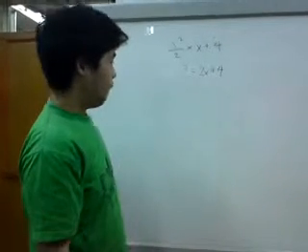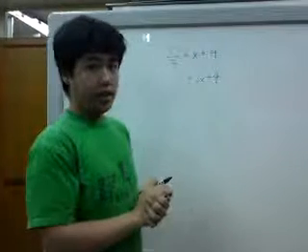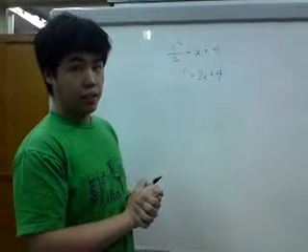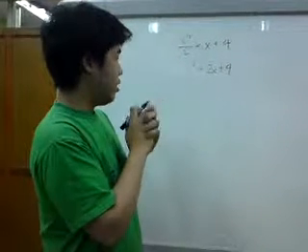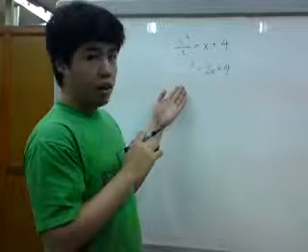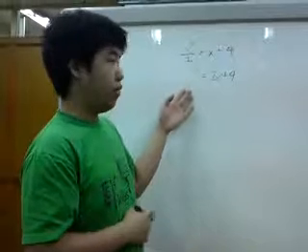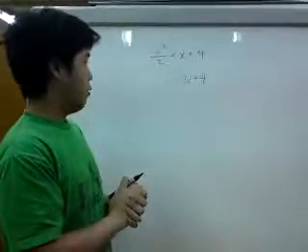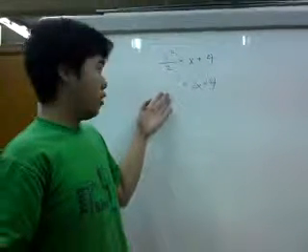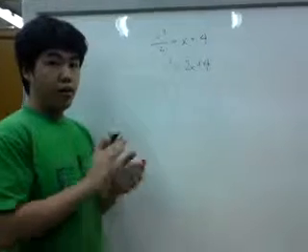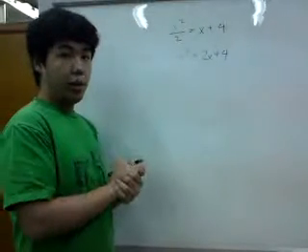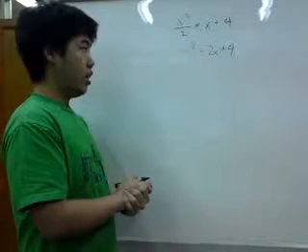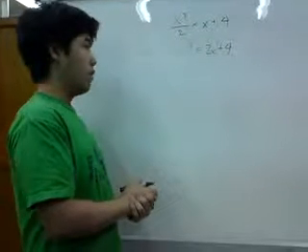The next step, the third step, is to check if the equation is in its proper form. In this case, it's not, because the proper form of the quadratic equation is ax squared plus bx plus c equals 0.